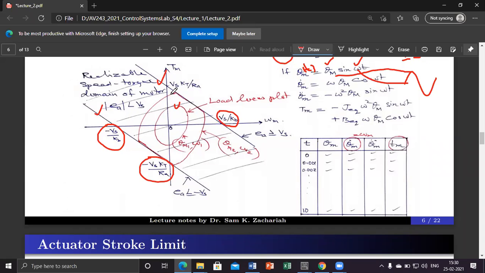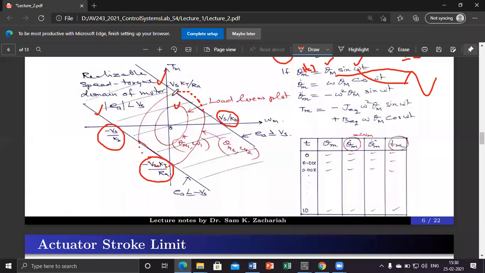Since these are all linear and the parameters are constant, definitely you are supposed to get a smooth curve like this.